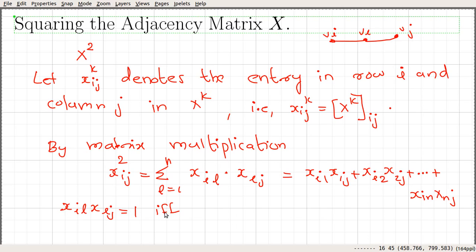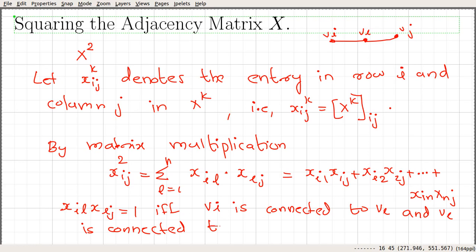So this product will be equal to 1 if and only if vi is connected to this intermediate vertex vl, and vl is connected to vj. Otherwise, either this or this will be equal to 0 and this product will be equal to 0.